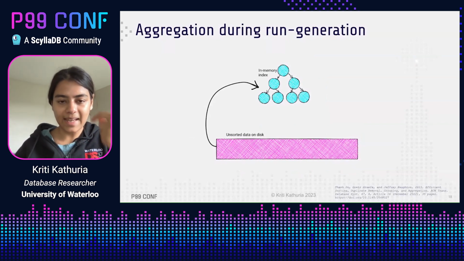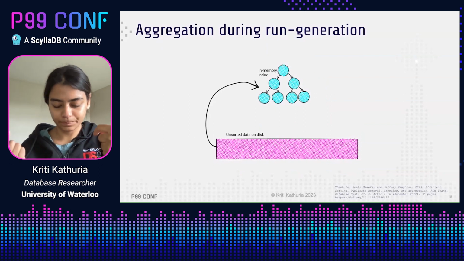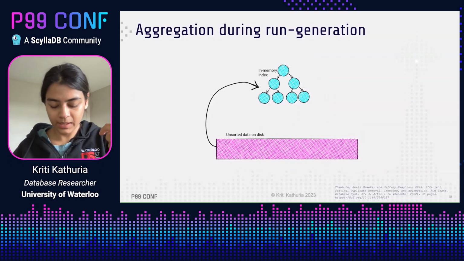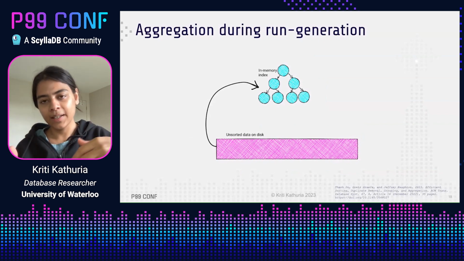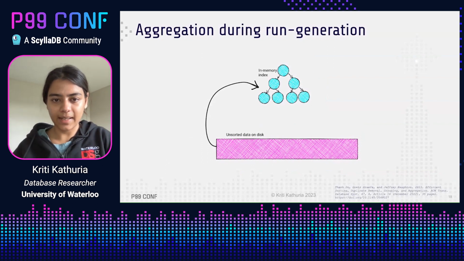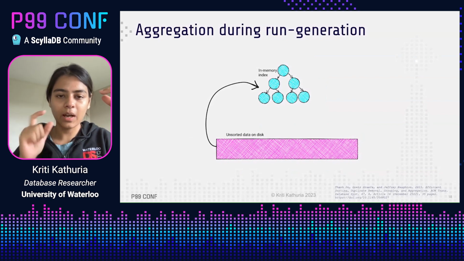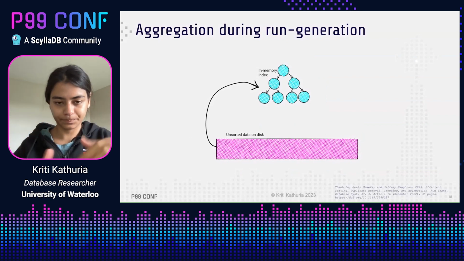You encounter A and its corresponding value, and you put it in the index. The next time you see A, you say that, okay, A is already in the index, and you just add or average or increment the count that is already in your index.